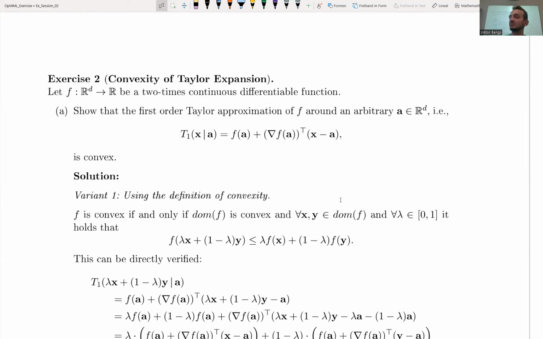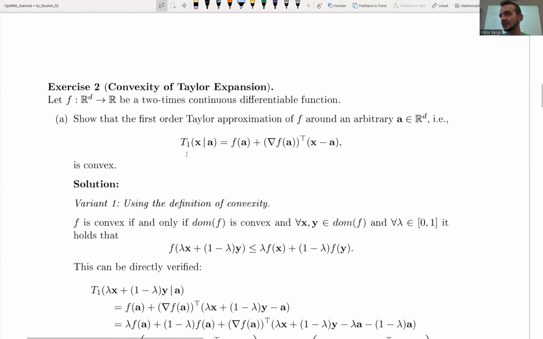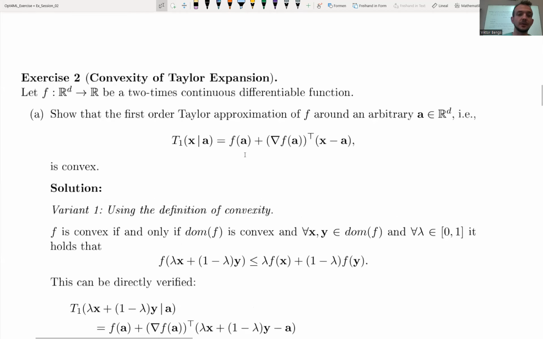Are they even convex in general? Let's start first with the first order one. We could have also looked at the zeroth one, but this is definitely boring because a constant is a convex function. It's in fact both, so it's convex and concave at the same time.